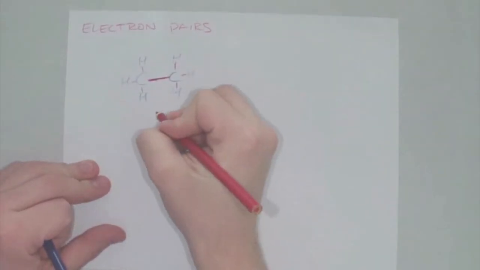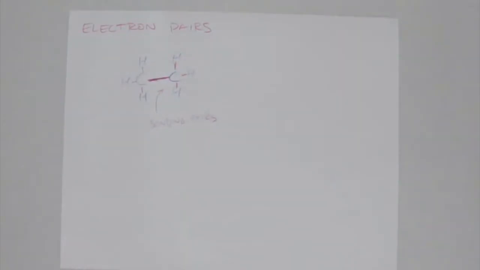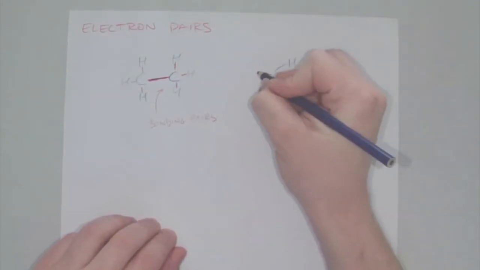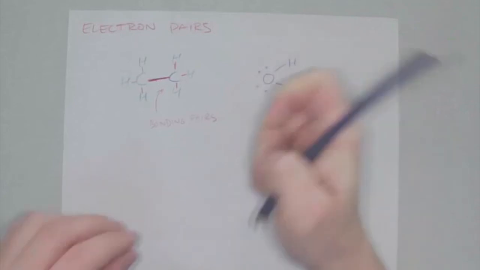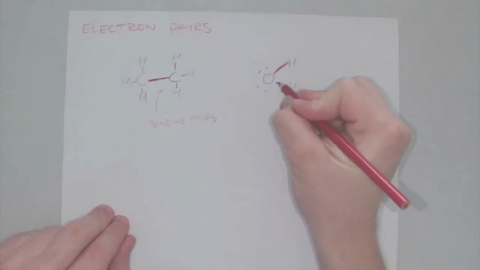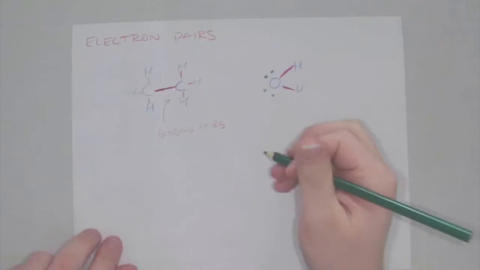So those are all bonding pairs. Now in something like water, for instance, water's Lewis structure looks like this: an oxygen, 2 hydrogens, and then 2 more electron pairs on the oxygen. So in this case, we have 2 bonding pairs and 2 non-bonding electron pairs.